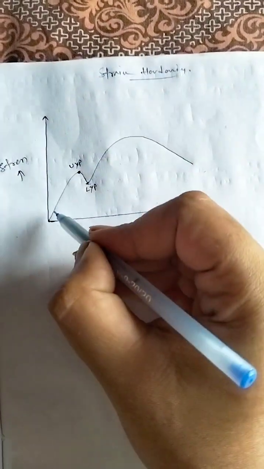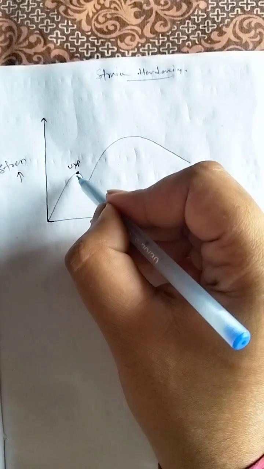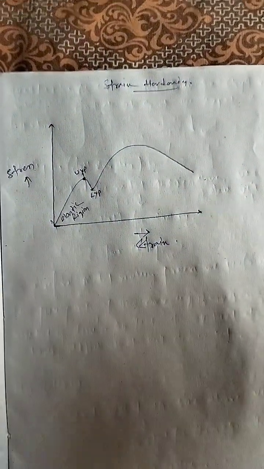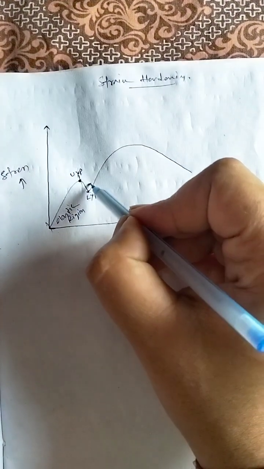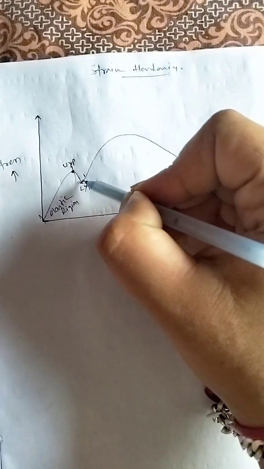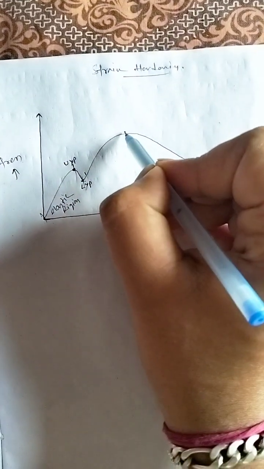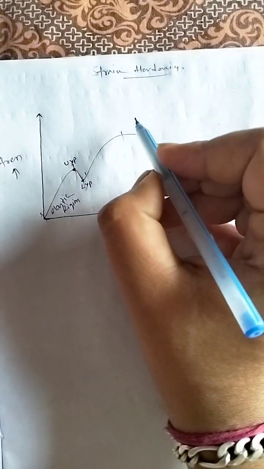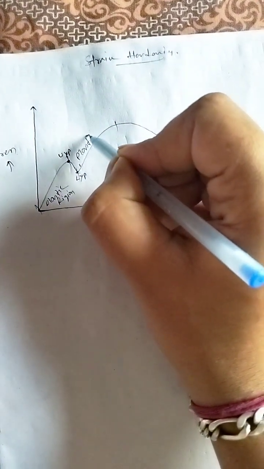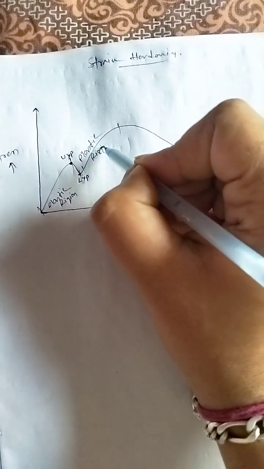And here we basically have the elastic region. From just here to somewhere here, it is basically known as the plastic region.